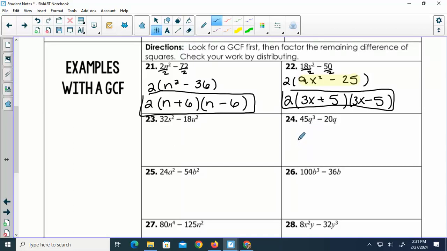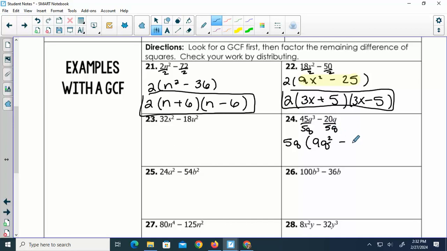Let's do 24. 45q to the third minus 20q. So what are both of those divisible by? 5 and they both have a q. Okay, so 45 divided by 5 is 9. Q to the third divided by q, you subtract exponents. 3 minus 1 is 2.